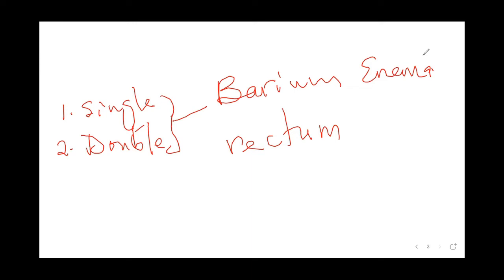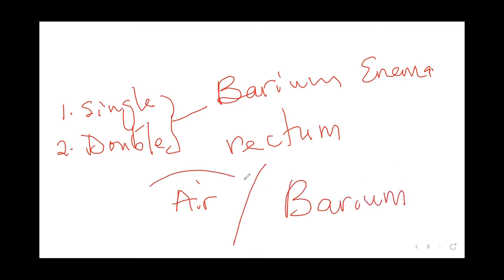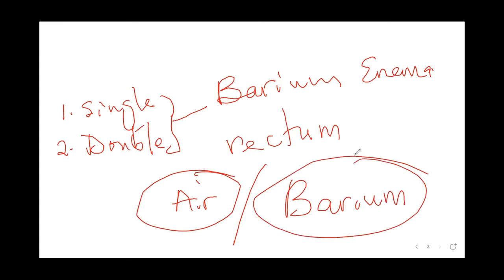Single contrast, you use only barium as the medium for the evaluation. While double contrast, you use barium and air. So air is insufflated as well as barium. So both air and barium are instilled into the rectum, okay, to give a double contrast barium enema.